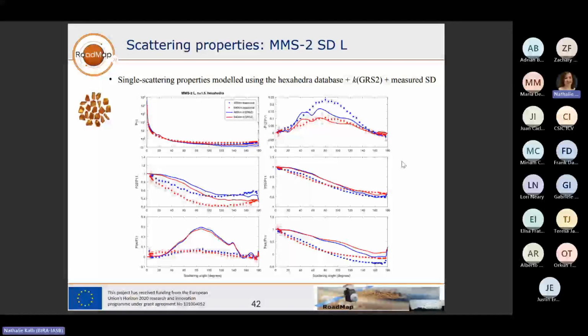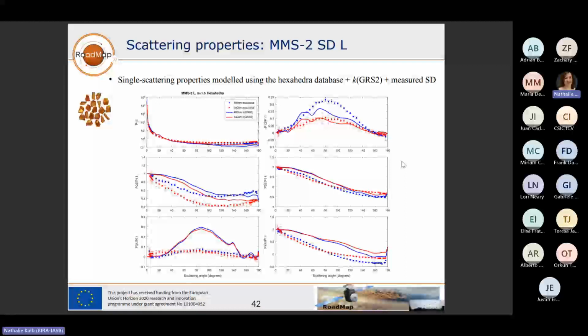So here I'm taking MMS2 as an example, because its spectrum produces the best match with the observed spectrum. So I'm using this as an example, but of course I have done all the modeling for all of the samples and size distributions. First we have the large size distribution measured.